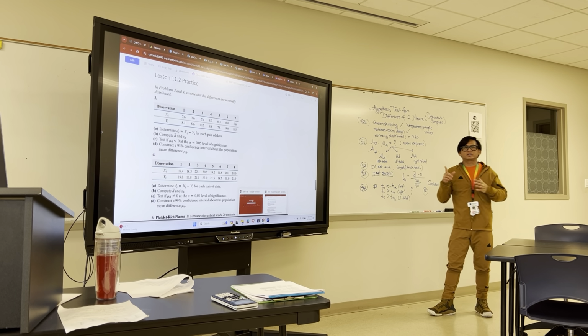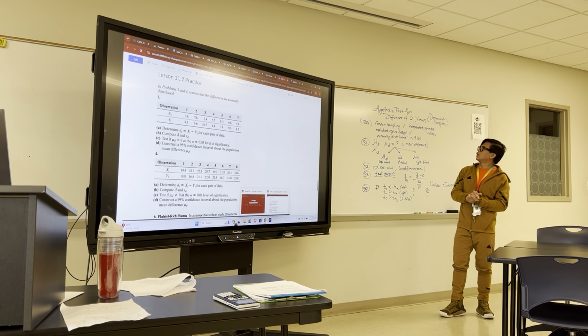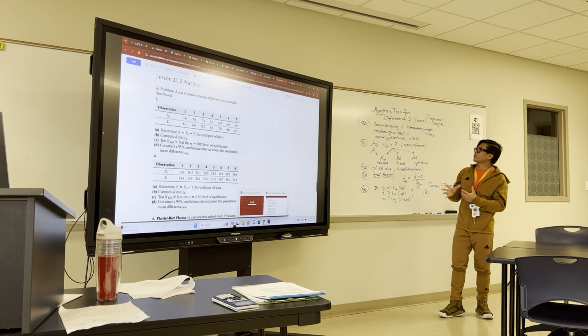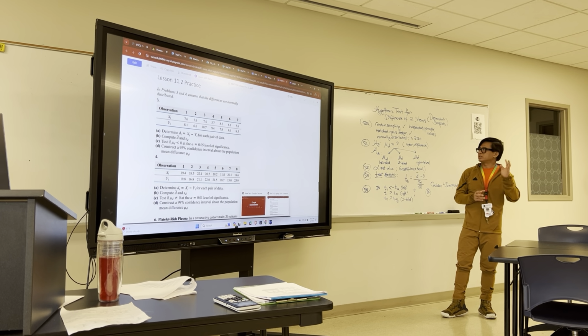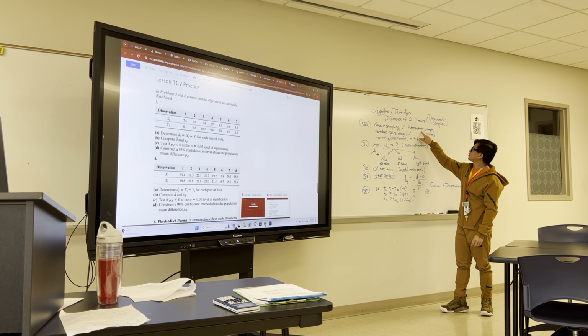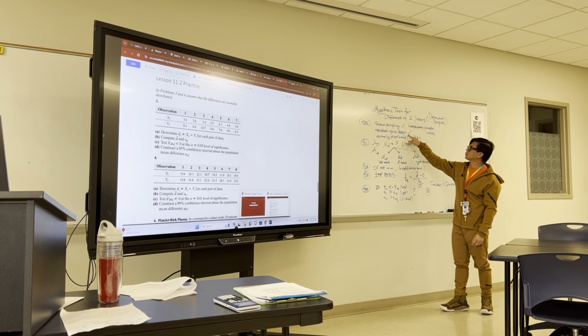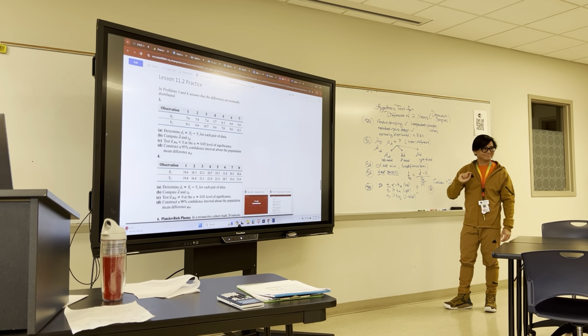What are the criteria to be satisfied in order to use this method for hypothesis testing for the difference of two means? Random sampling, independent sample values, matched pairs design, normally distributed, and n is greater than or equal to 30.